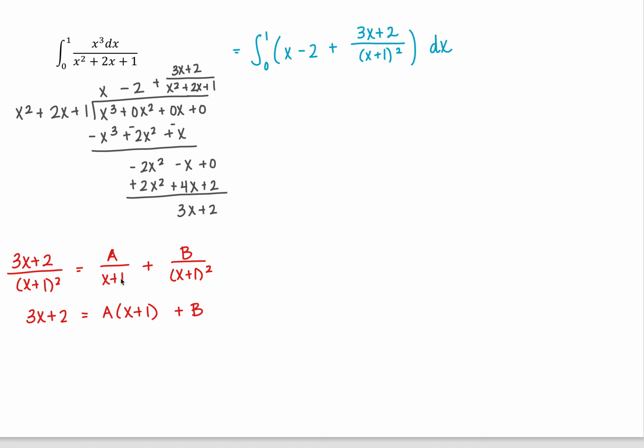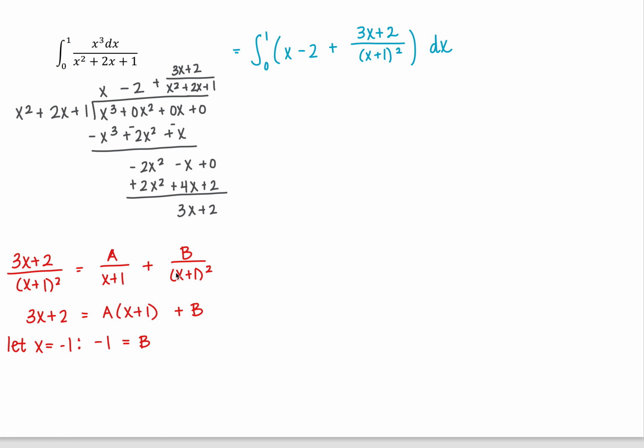I'm going to start by letting x equal negative 1 for the simple reason that it's going to wipe out this middle term here with the A. And if x is negative 1, then I have negative 3 plus 2, which is negative 1. Like I said, this is going to go to 0, equals B.